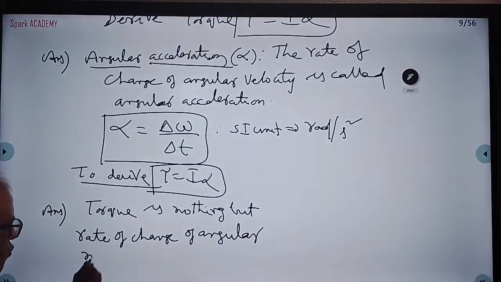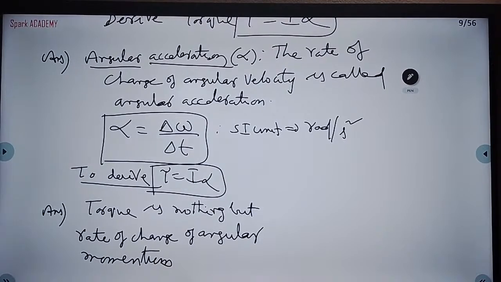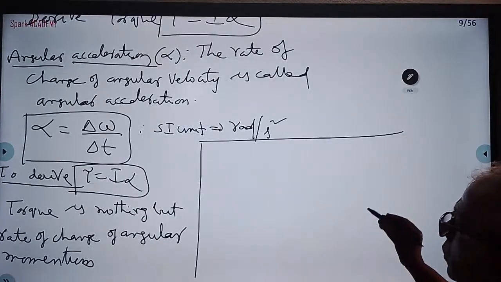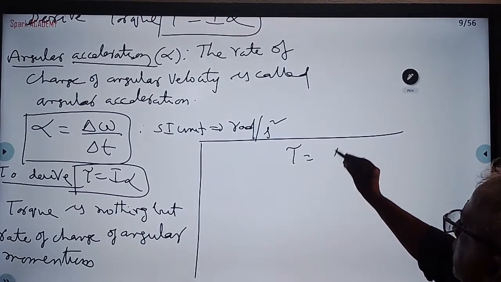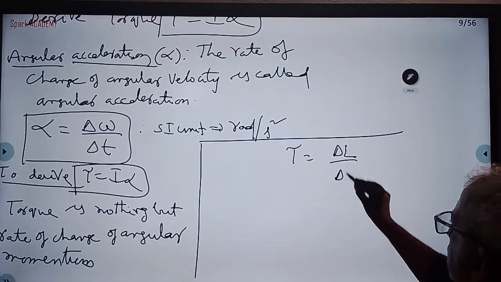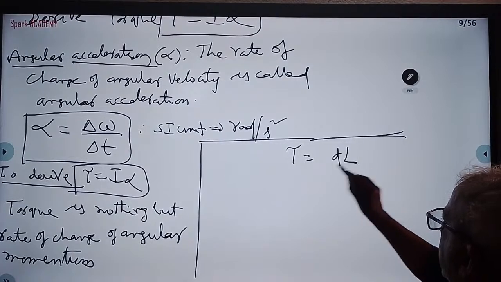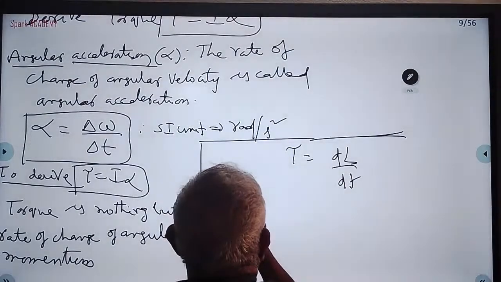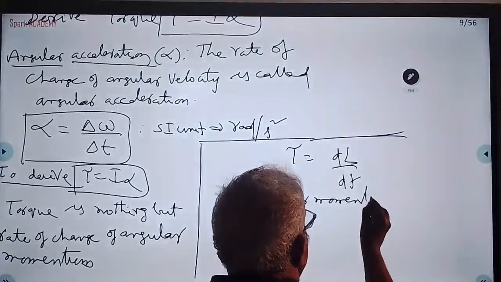So torque I am writing here as delta L by delta T, or you can write dL by dt. What is L? L is not length here. L is angular momentum.